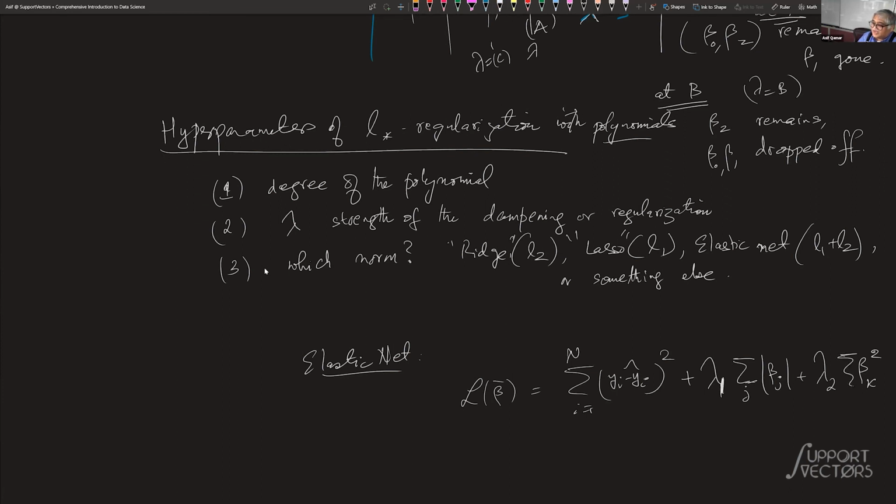So what did you do? You added both the terms, both the regularization terms, and you're saying now you have two hyperparameters in this model, lambda 1 and lambda 2 both. One comes from Ridge and one comes from Lasso, and let's add both and minimize this thing, right? So people do all these combinations and they try it out.